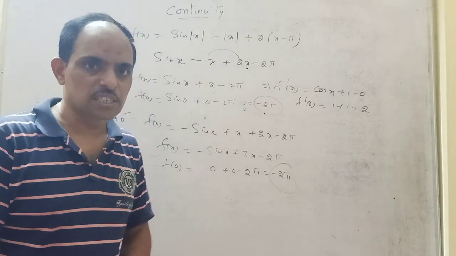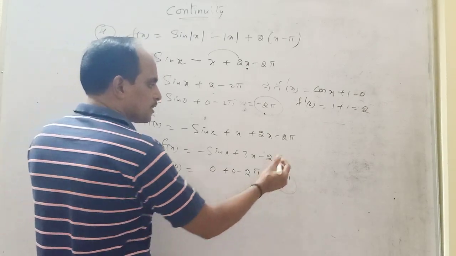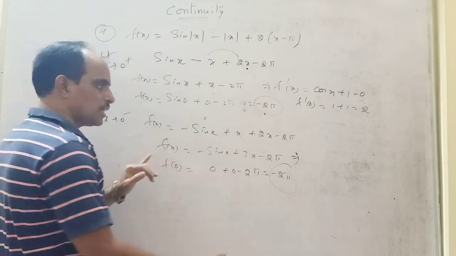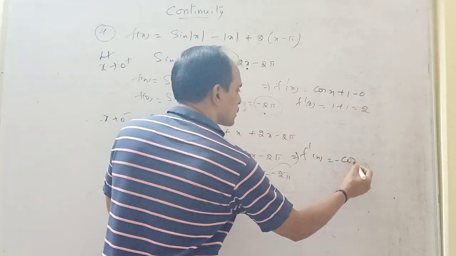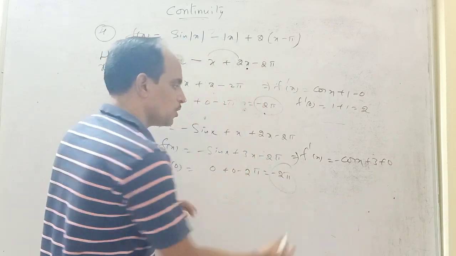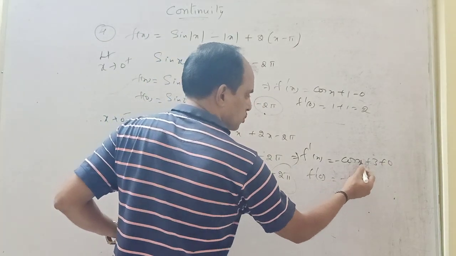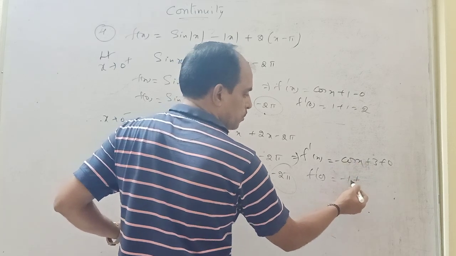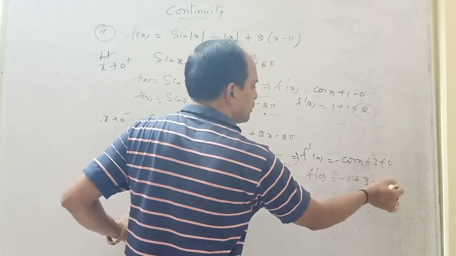Then what about the differentiation? Now I am going to discuss differentiability. This is f of x, then f dash x is minus cos x plus 3. Now f dash of 0: cos 0 is 1, so minus 1 plus 3, that is again 2.